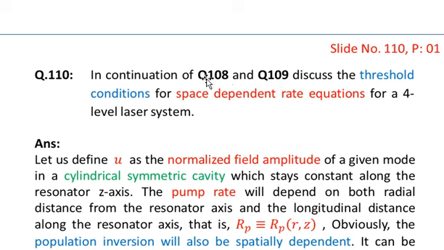So in continuation of these previous two slides, we have to discuss the threshold conditions for space dependent rate equations. In the last two questions, we discussed the space independent rate equations for a 4-level laser system, but here we are required to discuss the threshold conditions for space dependent rate equations for a 4-level laser system.